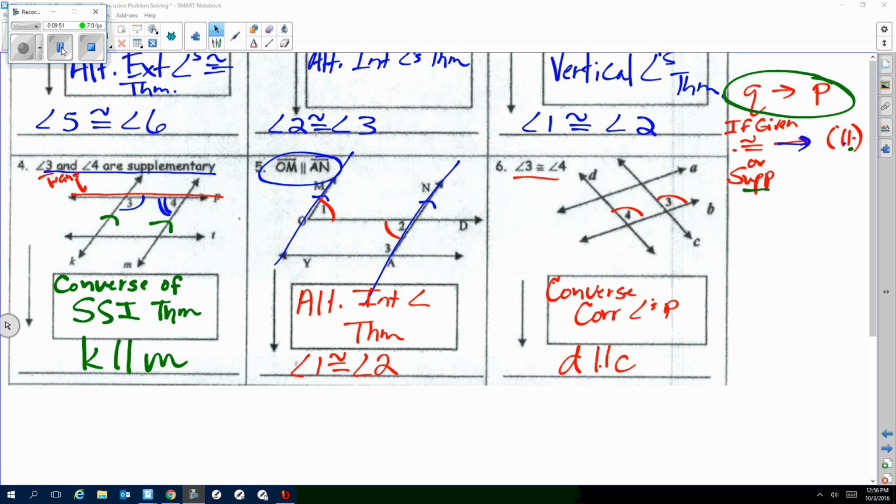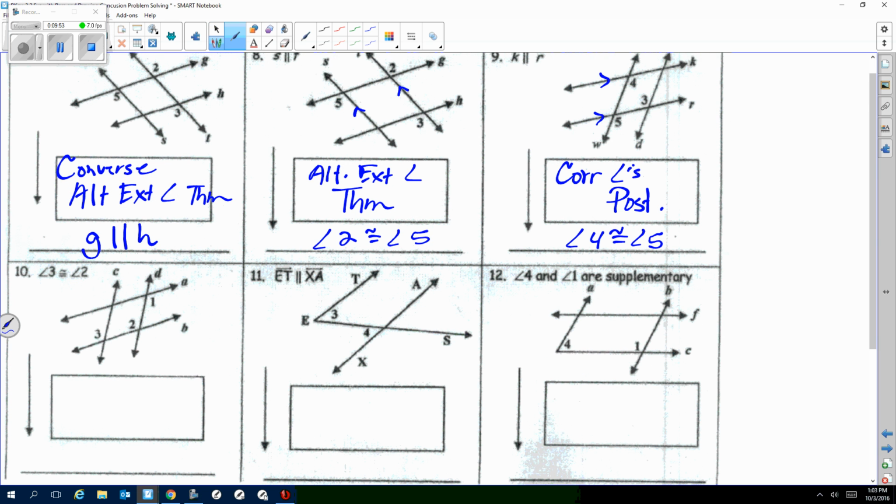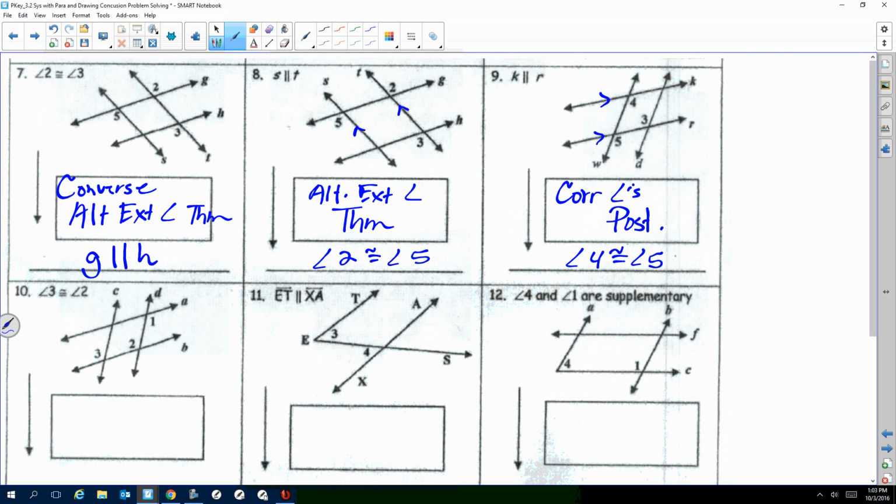All right, you will be asked to do this on part of your quiz tomorrow, justifying your answers. So, if 2 and 3 are congruent, then G and H are parallel using the converse of the alternate exterior angle theorem. 8, if I tell you they're parallel, the only two I can use are 2 and 5 because 5 and 3 have different transversals. 9, we should use corresponding angles. 4 and 5 are corresponding.